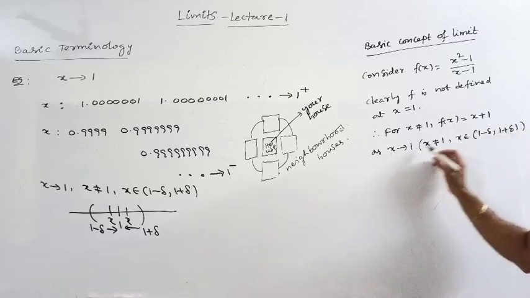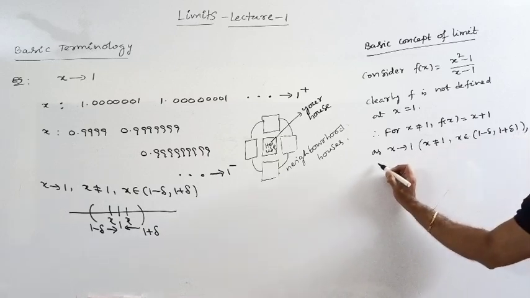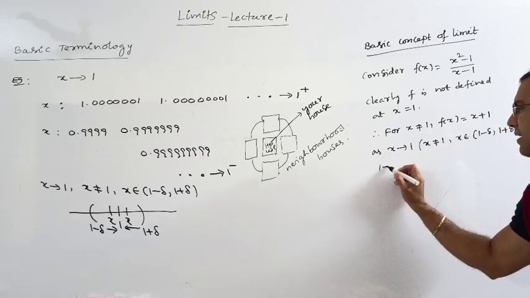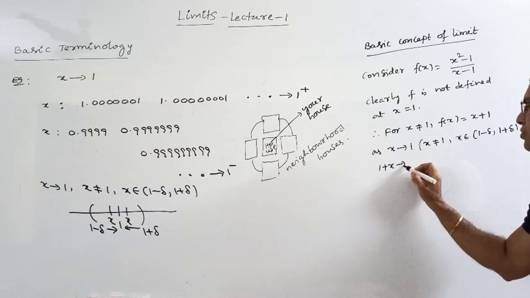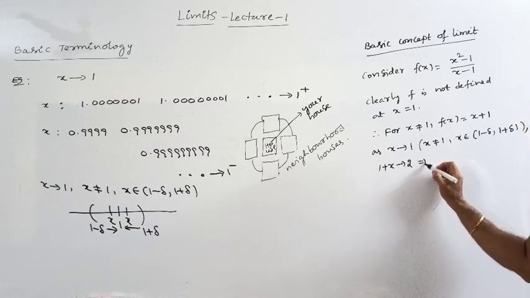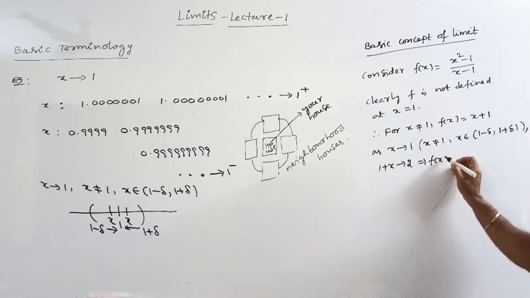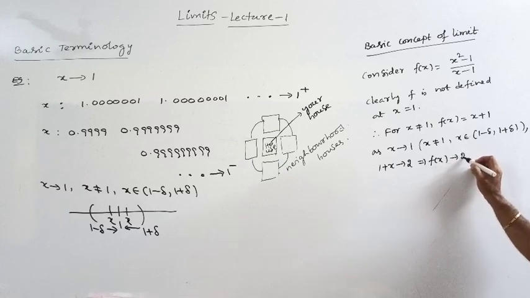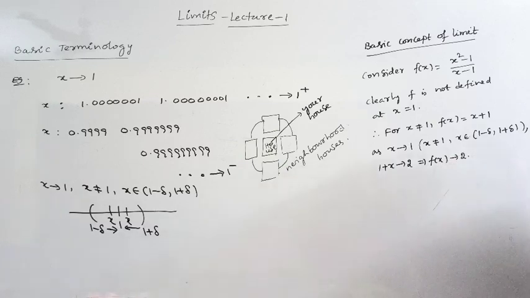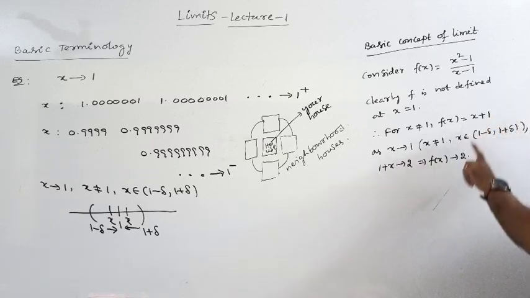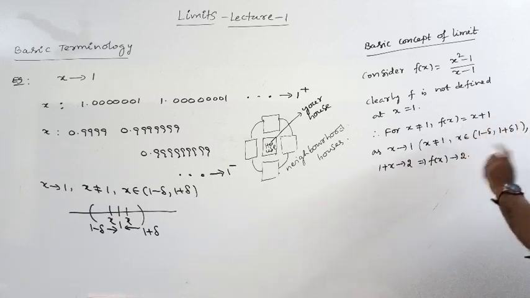As x approaches 1, if you add 1, 1 plus x approaches 2. So this implies f of x approaches 2. So as x approaches 1, this function approaches 2.